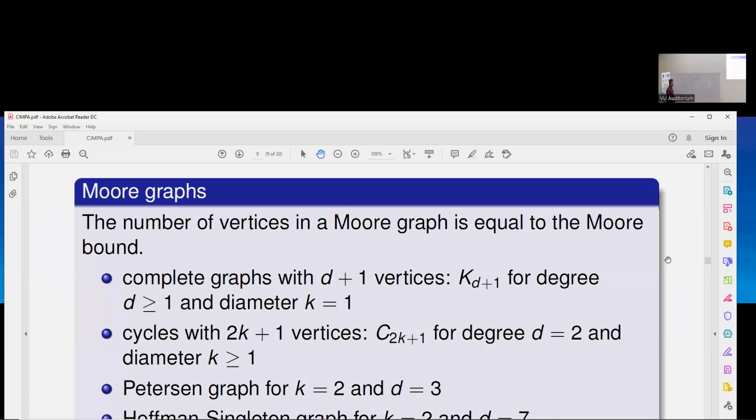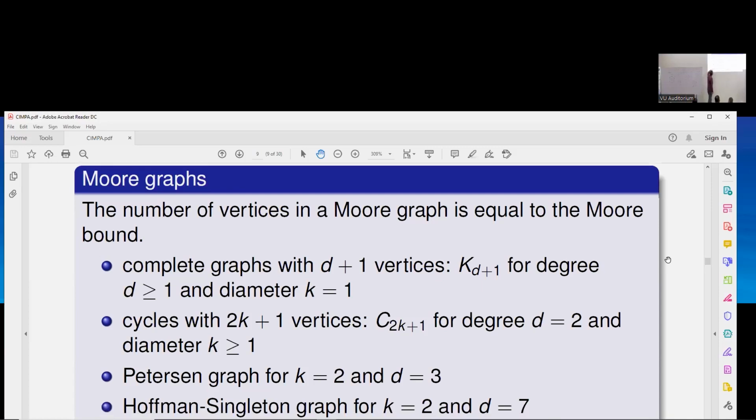No, there are no two vertices further from each other. So the diameter of this graph is 3. And the number of vertices is 2k plus 1. So for a given diameter k, cycles have 2k plus 1 vertices, and those form another set of Moore graphs.